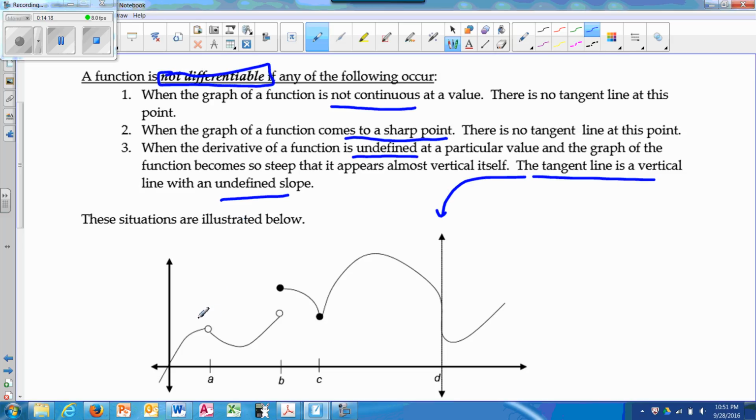If the derivative of a function is undefined, because it's so steep it appears almost vertical, then you do have a tangent line, but the derivative is not defined, so the derivative does not exist. So not differentiable for any of these three reasons. So we would not be differentiable if we were not continuous.